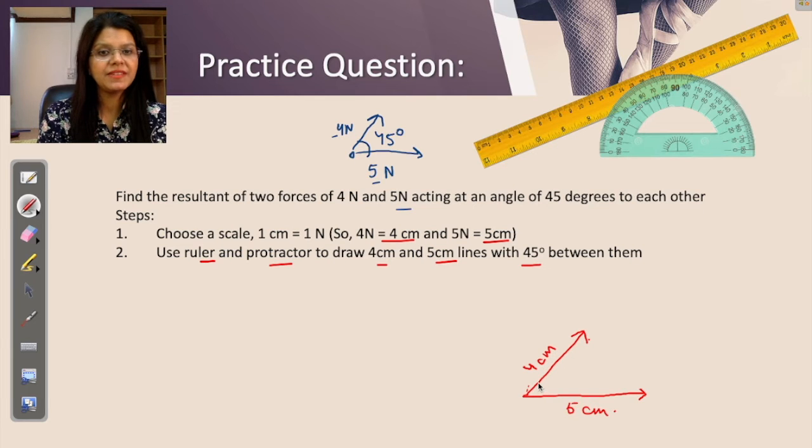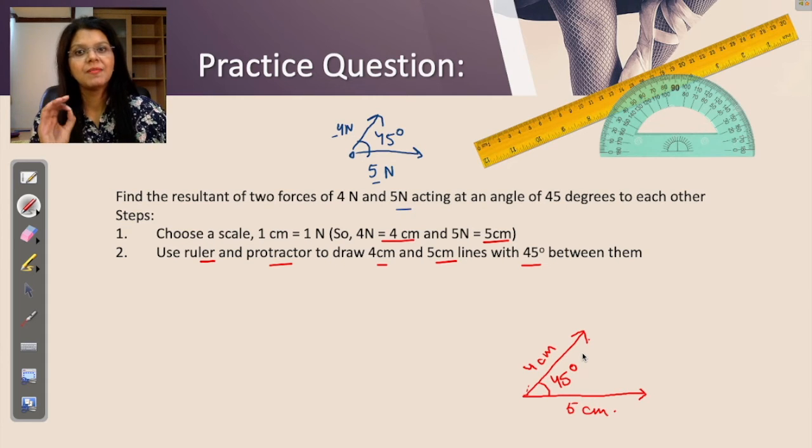And the angle between them should be 45 degrees. If you are not done with this work yet, pause this video and then play the video again to understand the third step. Draw 2 lines, 5 centimeters and 4 centimeters with an angle of 45 degrees between them.